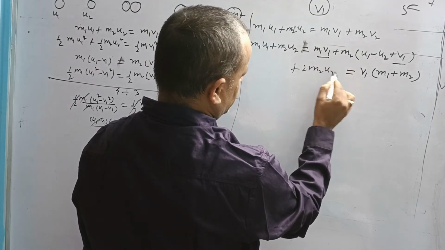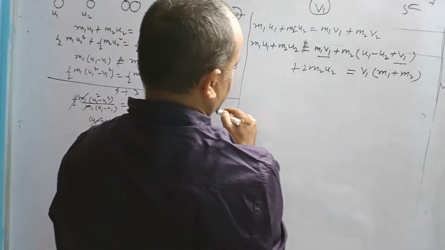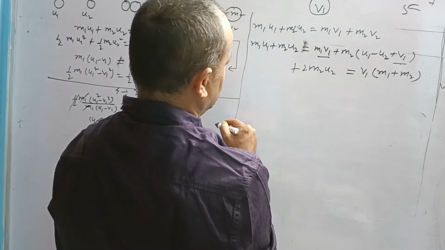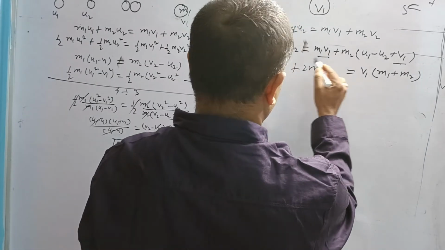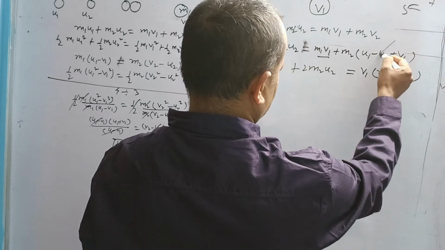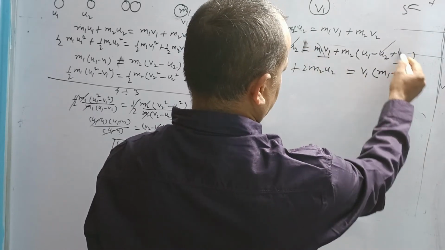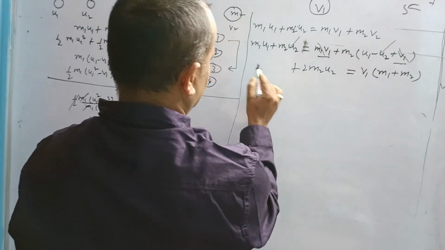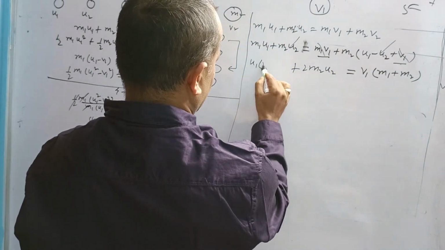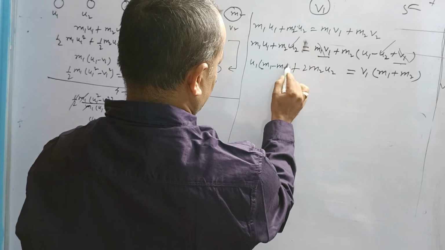It becomes twice M2 U2. Now what are we left with? We have used this one, used out. V1 is used out. We are left with U1 into M1 minus M2.